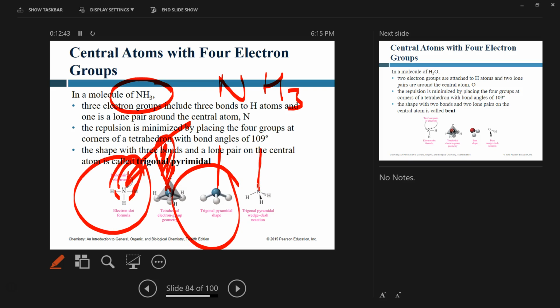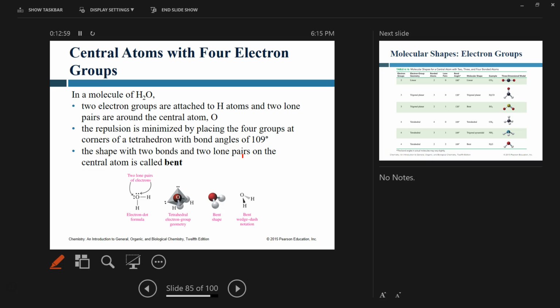So we still have a pyramid where nitrogen is at the top of the pyramid and hydrogens are at the bottom. Does that make sense so far? Now, water is a molecule with, again, 4 electron groups.